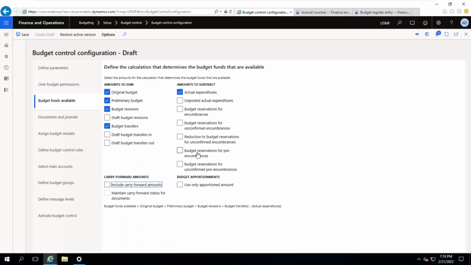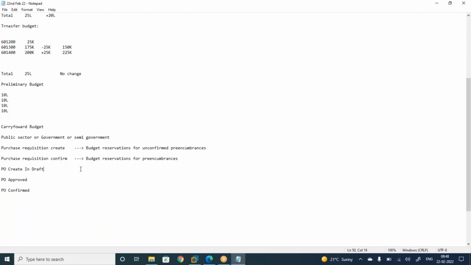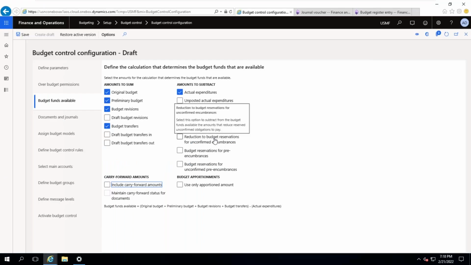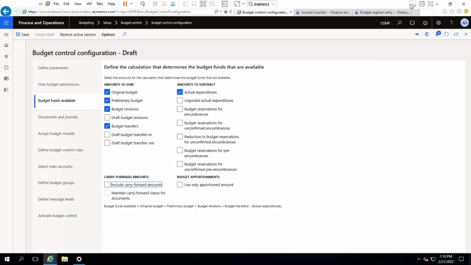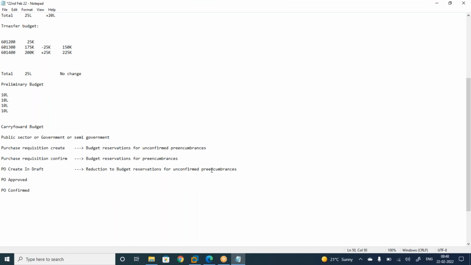Next, reduction to budget reservations for unconfirmed encumbrance.